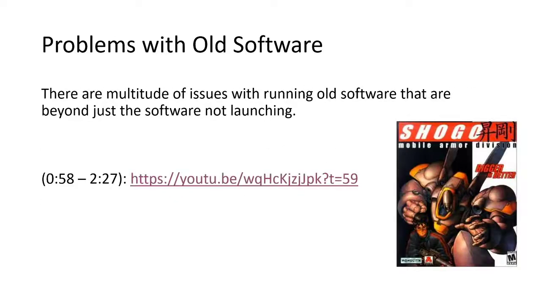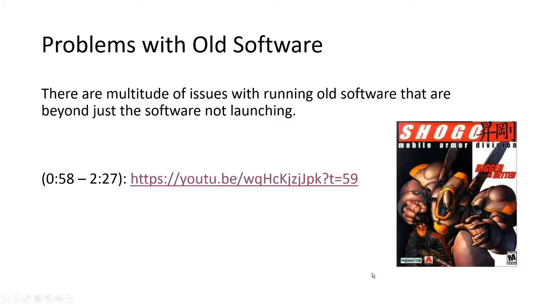Now, back to the problems with older software. There are tons of issues with old software that are beyond just it not launching or closing on launch. For example, I own this game from 1998 called Shogo, down here in the corner.